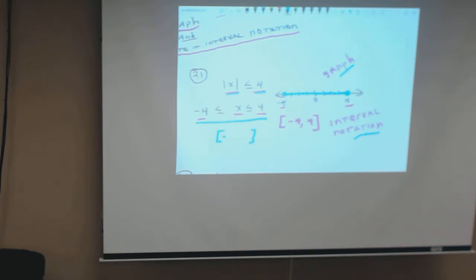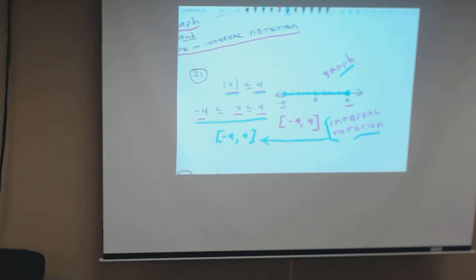At -4. And where does it end up? At +4. And that's called interval notation. Isn't that cute? That's just using brackets or parentheses if it doesn't say or equal to.